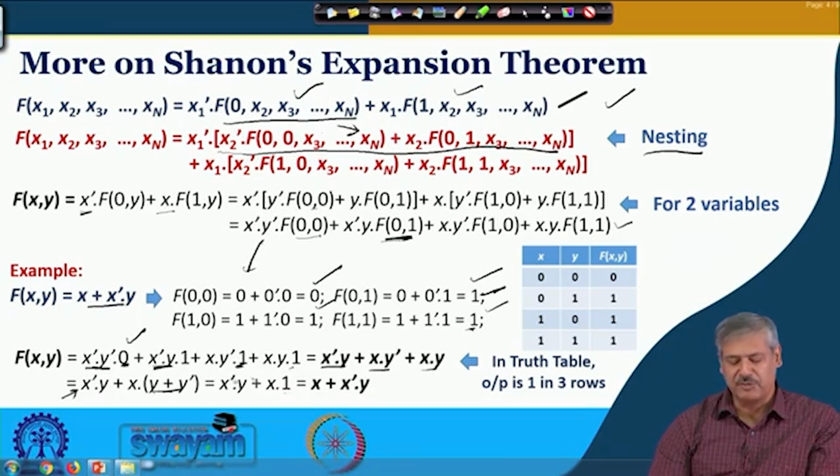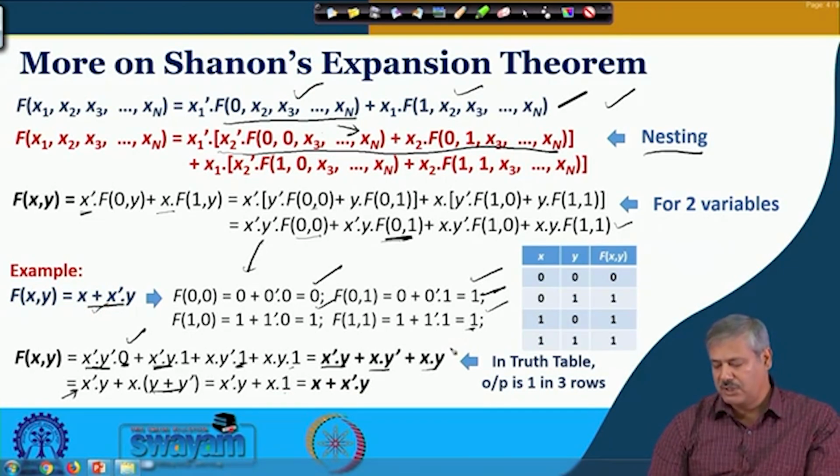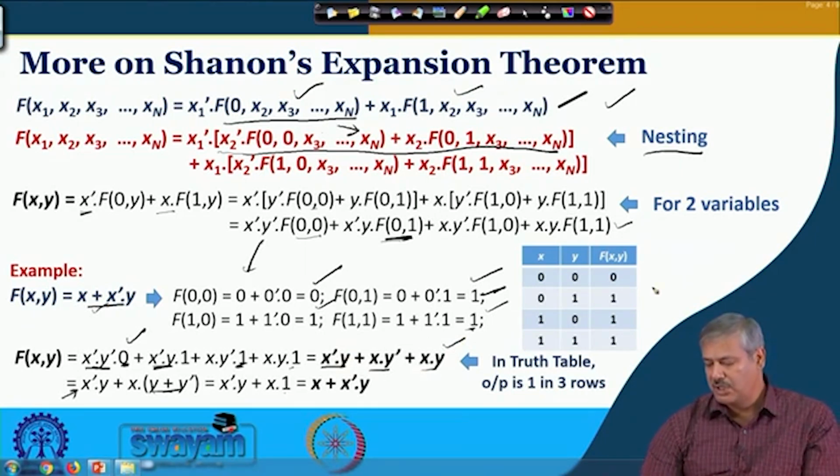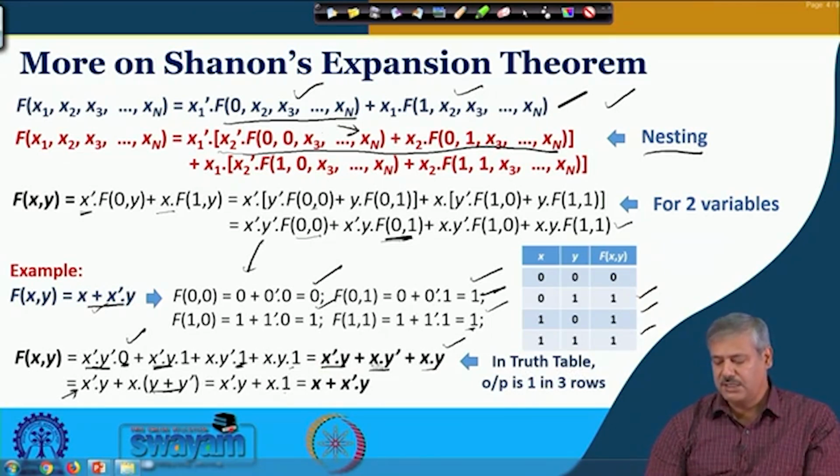So, this x plus x prime y, we can get back this one, that is the simplification process. But if you get all the terms in terms of individual variables, these are the 3 terms that you will get. So, you can see in the truth table, this 1 is there in 3 cases, right, and there are 3 such terms where all the variables are expanded in the maximum possible way. That is what we see.